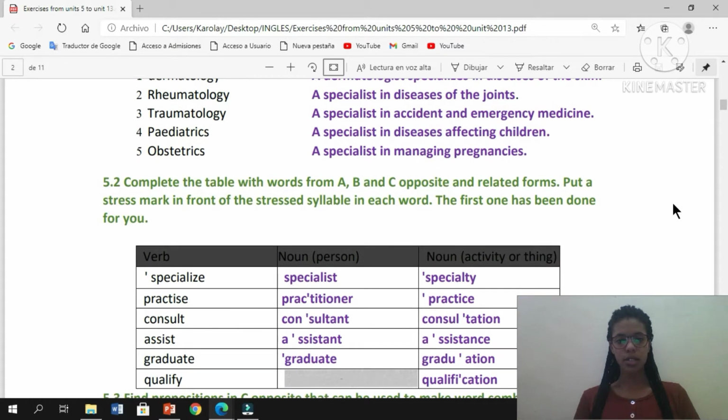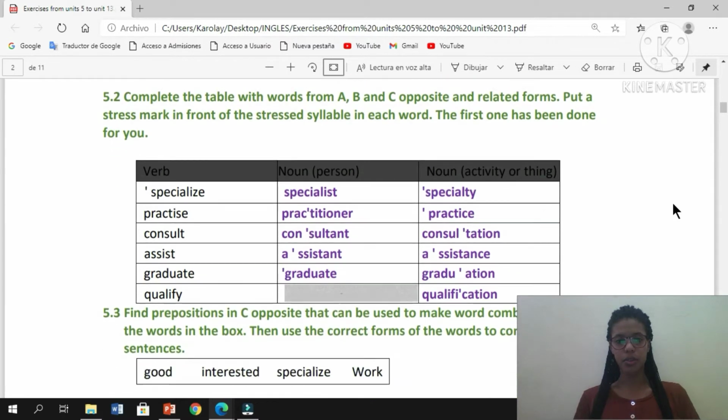Exercise 2. Complete the table with words from A, B, and C opposite and related forms. Put a suitable prefix in front of the stem in each word. The first one has been done for you. Disease, a specialist, a specialty.